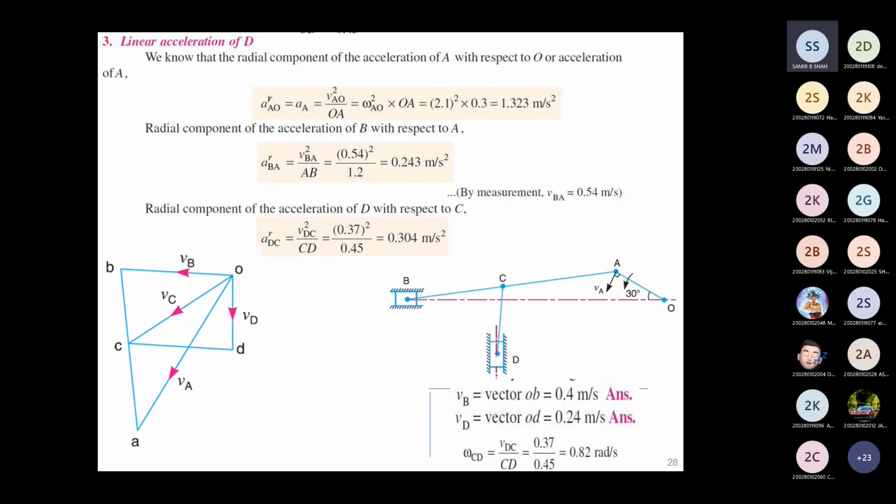If possible, you may take a larger scale like 1 meter per second square is equal to 1 centimeter or 2 centimeter. I assume that you take the scale that 0.1 meter per second square is equal to 1 centimeter. Or 0.5 centimeter.